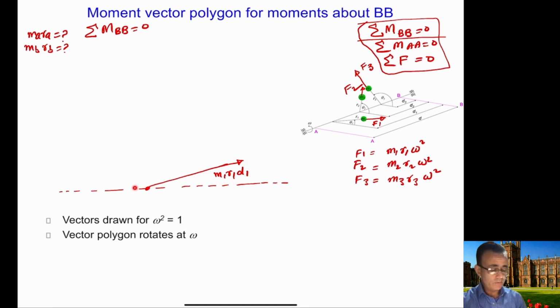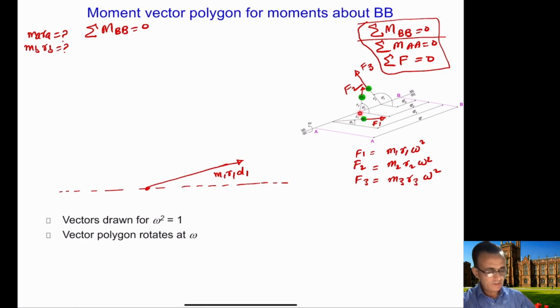But because the shaft is rotating at angular velocity, all the forces and moments will be rotating with the shaft. This means that their absolute positions are not important, but their relative positions are important. That's why, for convenience, we are drawing these moments in the direction of the forces.